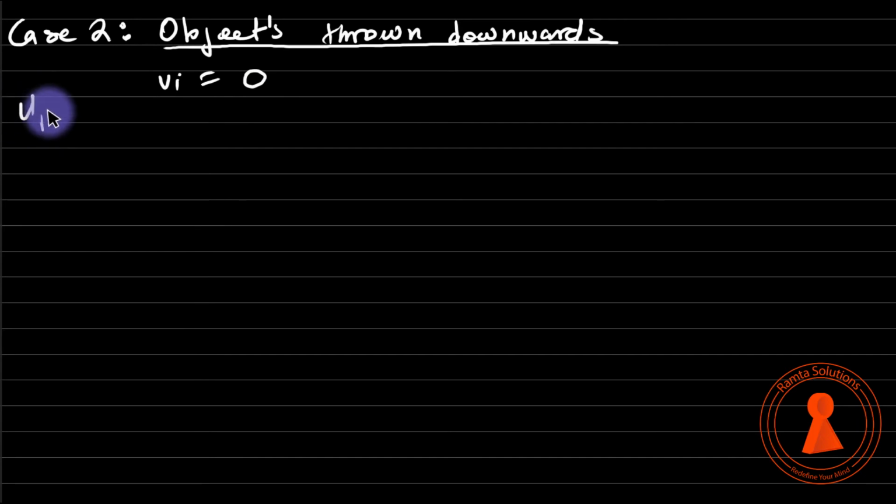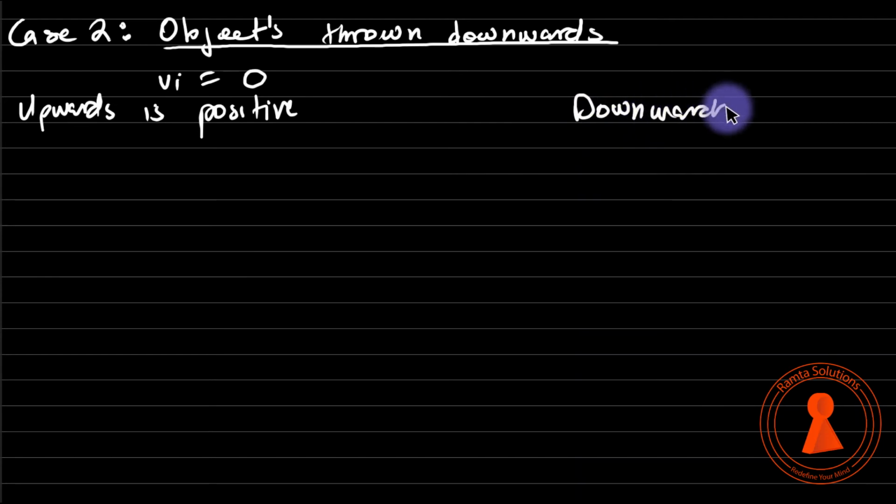So let's see, positive direction is upwards, and then the downwards position is the one that's positive.